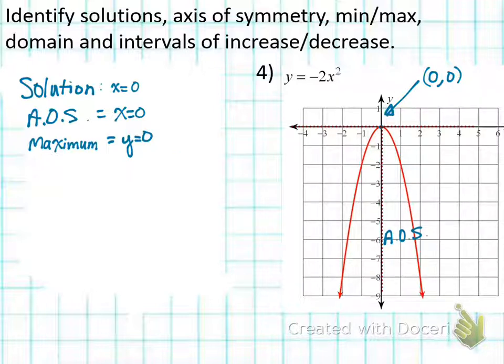Continuing on, what's the next thing it's asking for? Domain, right? Okay, what's the domain always for our quadratic graphs? Good, negative infinity to positive infinity. They're just always the same, okay? We know that not all graphs are the same, but for quadratic graphs, it's negative infinity to positive infinity. Okay, now intervals of increase and decrease. When does this graph start increasing?